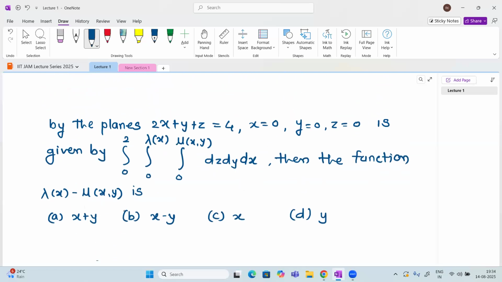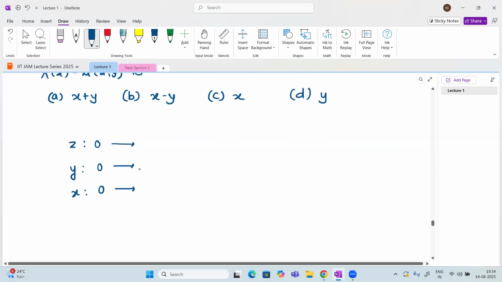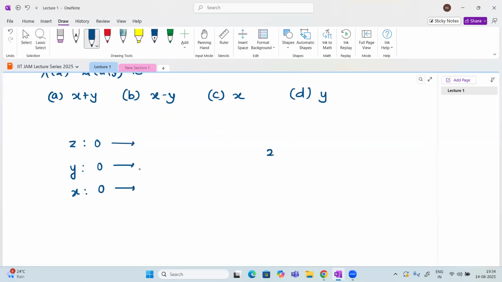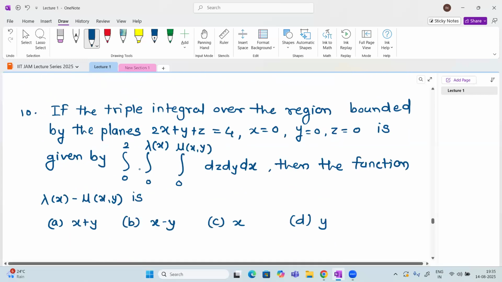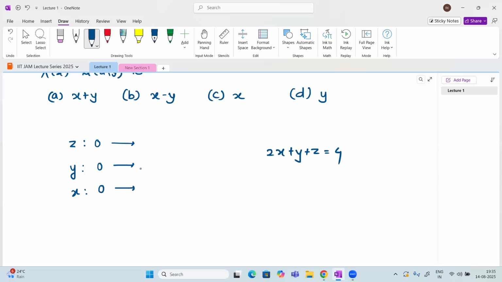For that, they have mentioned a single equation, 2x plus y plus z is equal to 4. Actually, it represents a plane. Since the power of each variable is 1, you will have a plane which will cut the x, y, z axes at some points, and you will get a region like this.